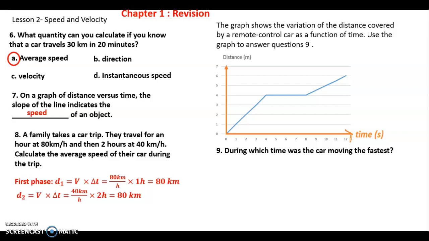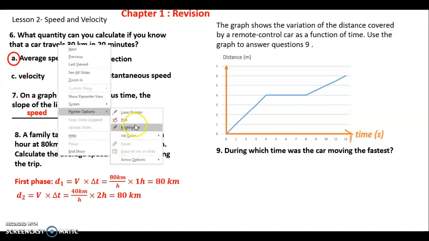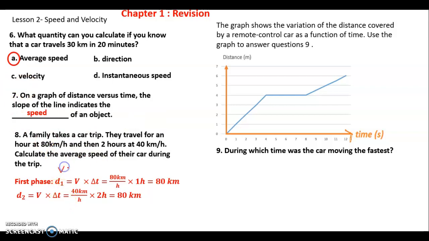So that's why we apply d1 equals v times delta t, because usually v is d over delta t. This is the average speed, but because the speed is constant, the average speed is equal to the instantaneous speed. So we can say that distance is v times delta t and consider the instantaneous speed. So it's 80 kilometers per hour times 1 hour, it's 80 kilometers.